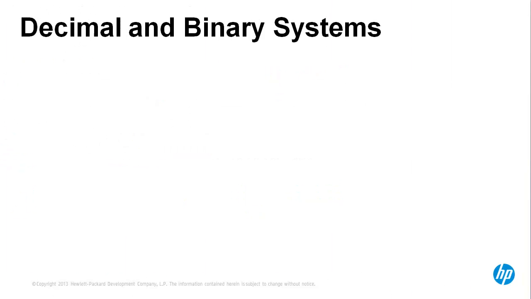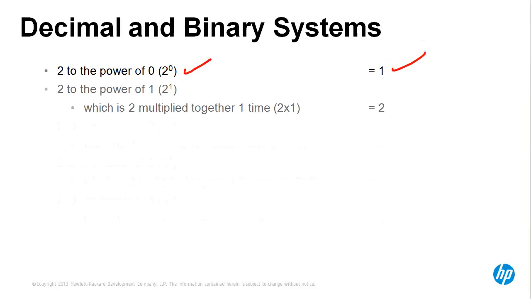Here's some basic math for those of you who might have forgotten. 2 to the power of 0 equals 1. 2 to the power of 1, which in other words is 2 multiplied together 1 time, in other words 2 times 1 equals 2.